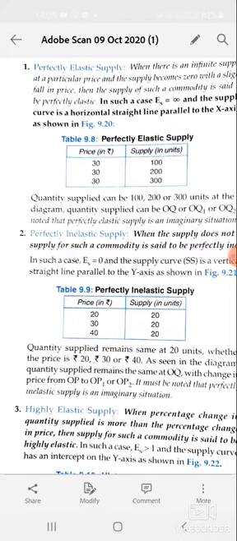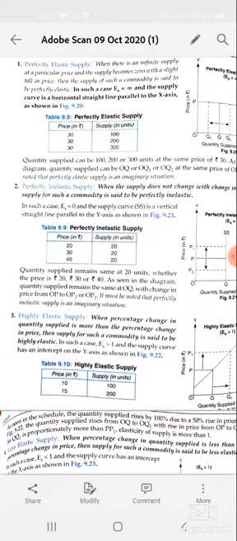Now, what does perfectly elastic supply mean? If there is no change in price, if price remains constant and the supply increases or decreases, this condition is called perfectly elastic supply.